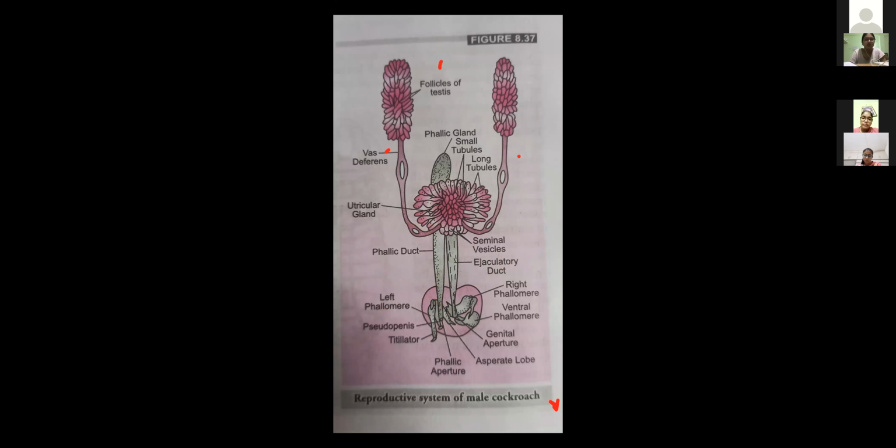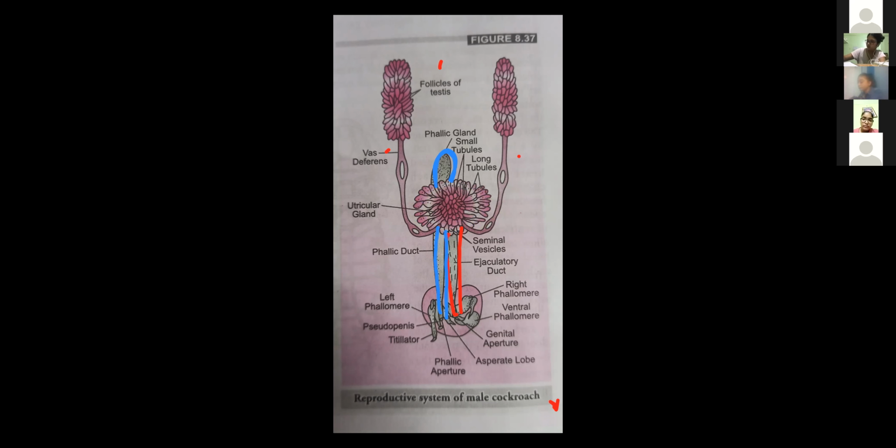This is the ejaculatory duct. Right? Here these long and short tubules and entire seminal vesicles. Means we can say that this one is a utricular gland, and this is the phallic gland or conglobate gland. Right? Front में ये portion आ गया, so we can't exactly see the entire phallic gland. So this much portion is hidden over here.